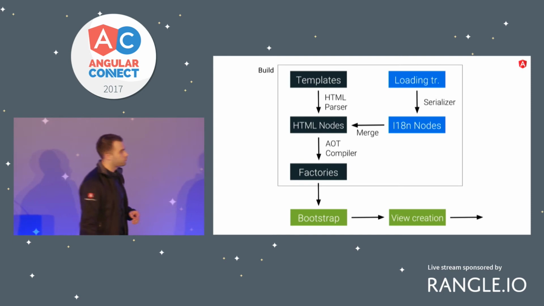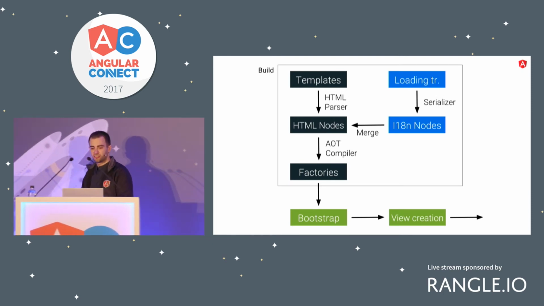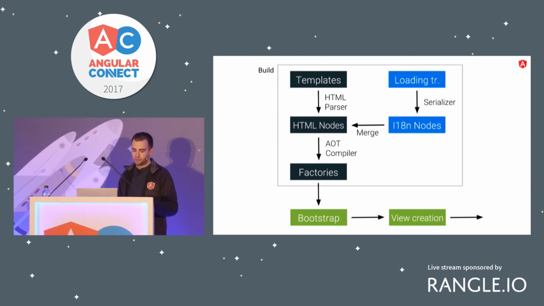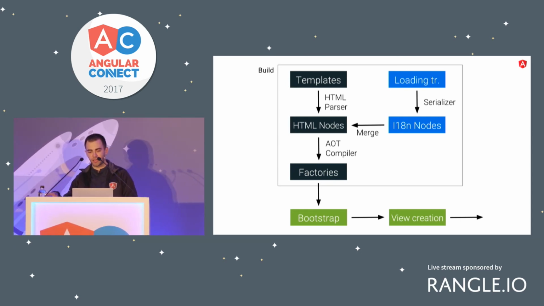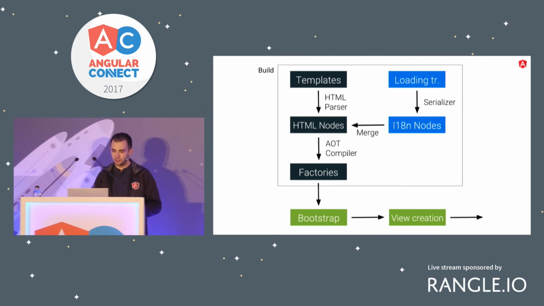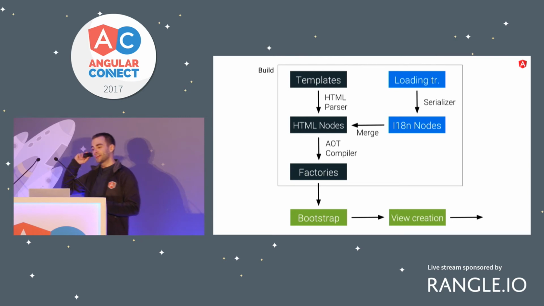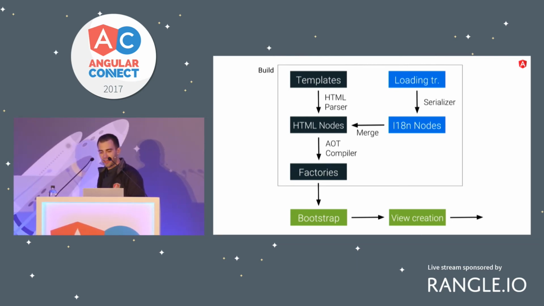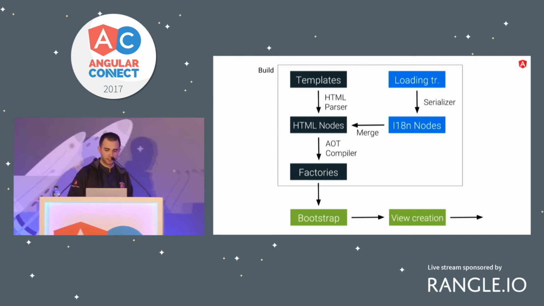So this is how it works right now. You have your templates, and the HTML parser from the compiler will extract the nodes. At the same time, you have the translations that you provided, and something called a serializer will extract the i18n nodes. So you have a serializer for XLIFF and for XMB.